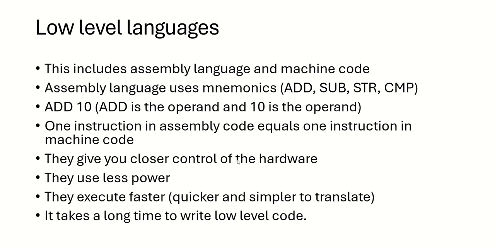They give you closer control of the hardware, they use less power, they execute faster, they're simpler to translate. However, they take a long time to write. So if you're having to write in assembly code, it takes ages. If you're writing in binary, it would be really easy to make mistakes. So not that many people do it these days, really. But that is low-level languages. I'll show you a question on that later.